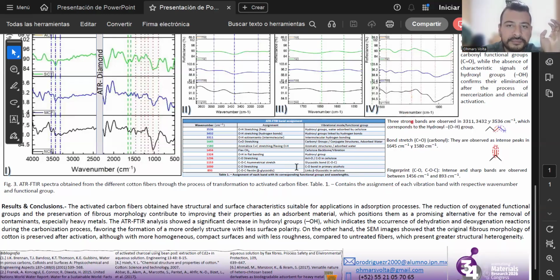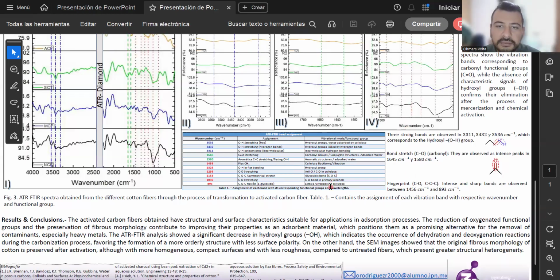And well, we have Table 1, which contains the assignment of each vibration band with representative wavenumber and functional groups. For example, hydroxyl groups, glycosidic bonds, for example, linked beta-glycosidic bonds in cellulose.